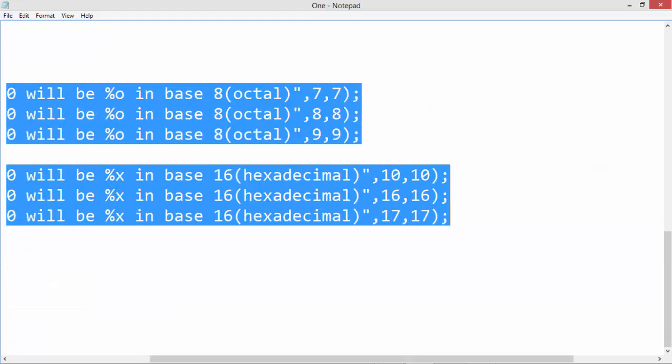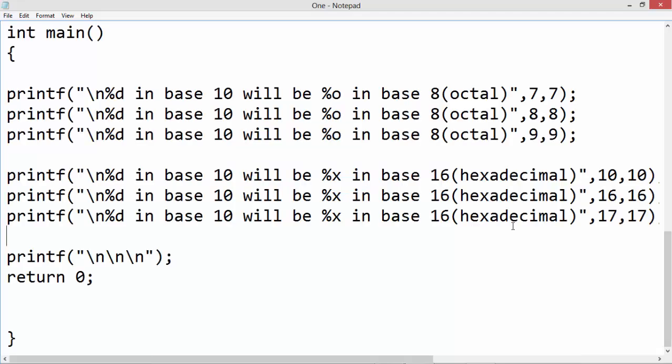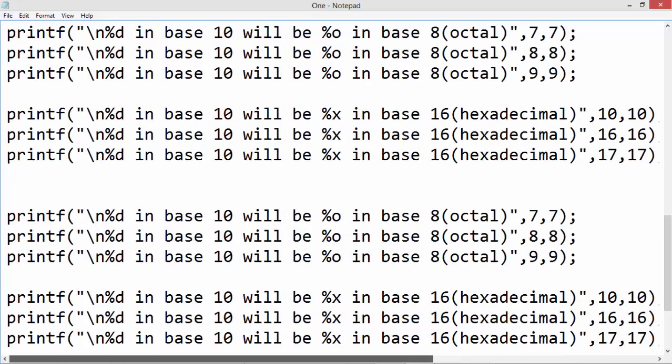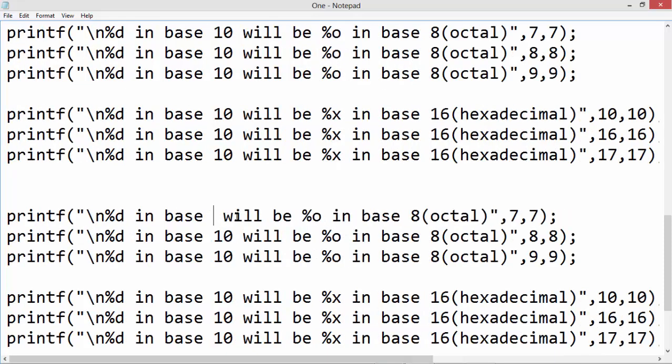What is the meaning of reverse it? I'll tell you. Here we will say %d for the octal, 8 in base 8, I'll give %o, and in base 10, %d. We'll do the reverse. So this is our base 10.